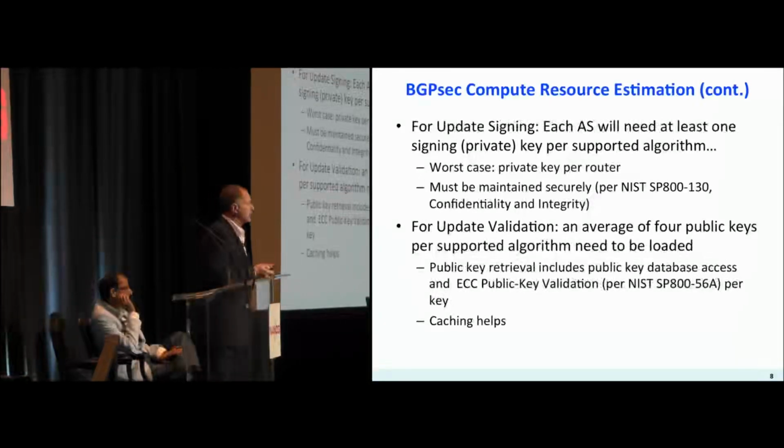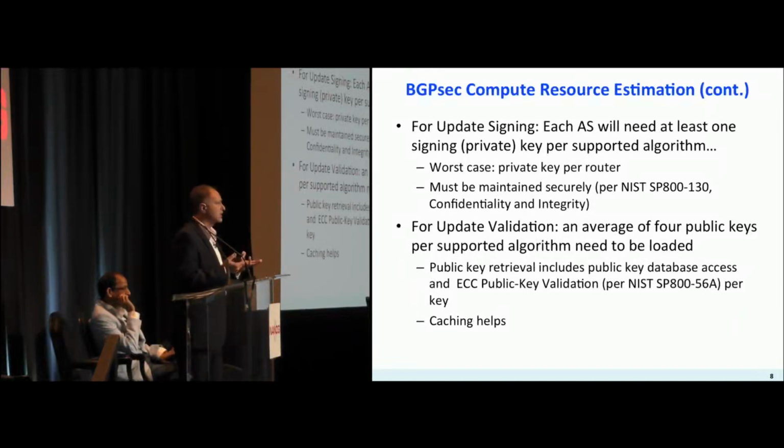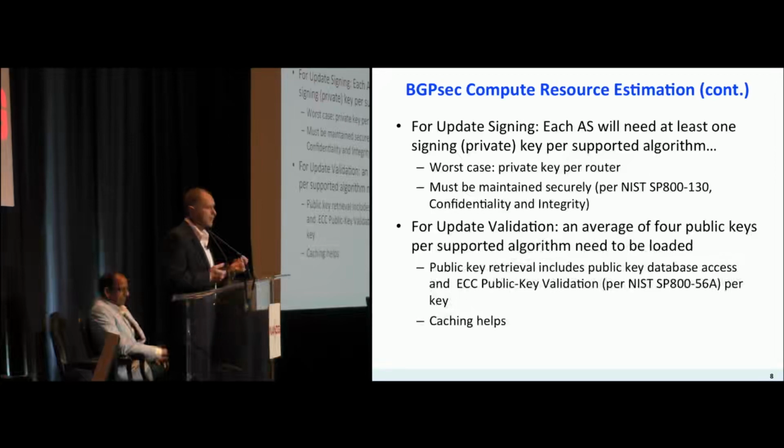And then real quickly, if you look at per update signing, each AS will need a private key to be able to sign that particular path. These keys aren't really that large. However, their confidentiality and integrity must be maintained, so the system should be able to do that.